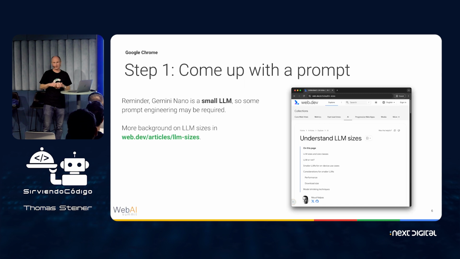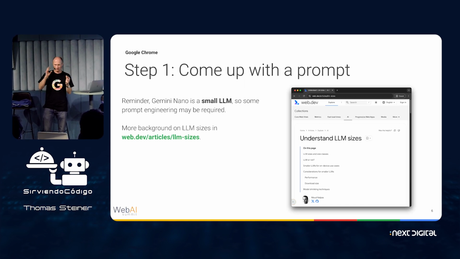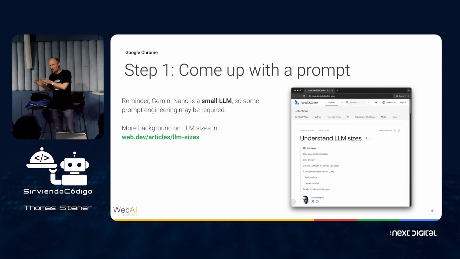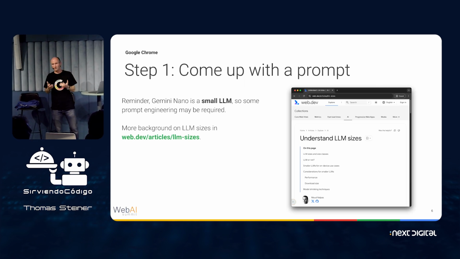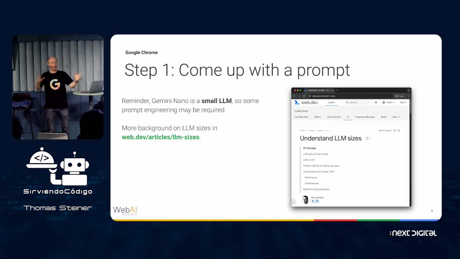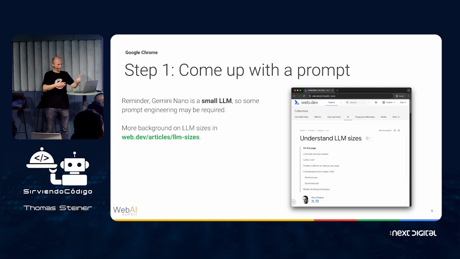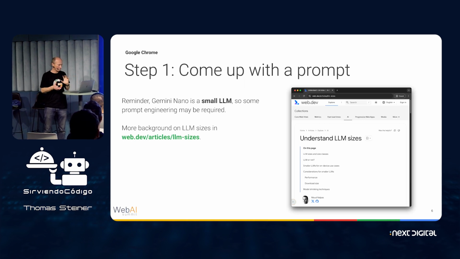Gemini Nano, as I said, is a really small local language model. It's kind of a paradox: it's a large language model, but it's a small large language model. This is to put things into perspective. Don't expect the quality level of the really, really large LLMs. But this is a small, locally running LLM that has certain challenges that I will go into in the next couple of slides.